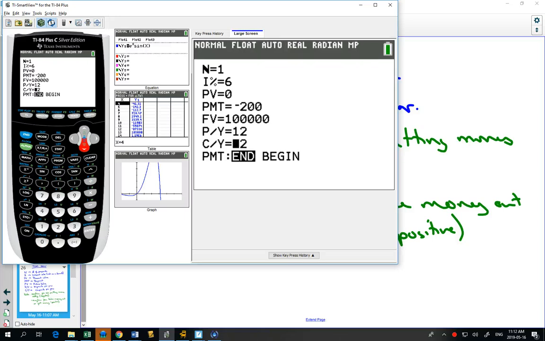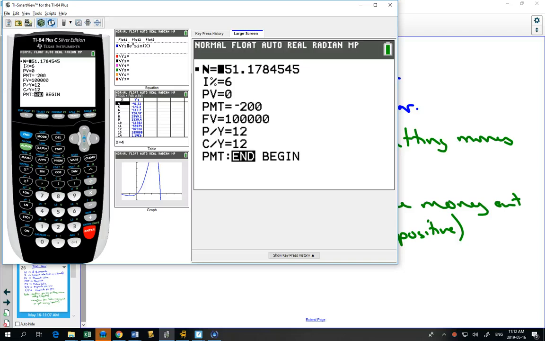So once we've got all of the information in there, we can go up to the N, and above your Enter button, it says solve. So you can go alpha and solve, and we get 251.178, the exact same number that we did all that math for, comes out immediately.